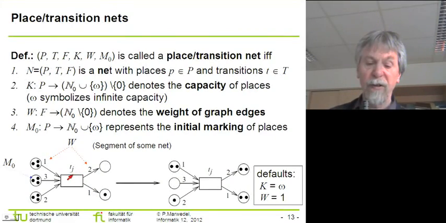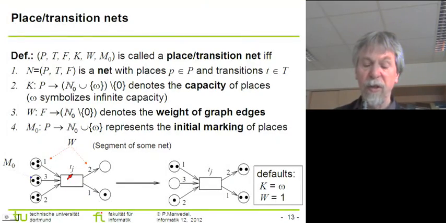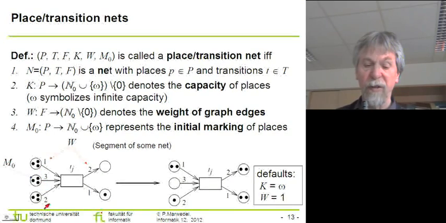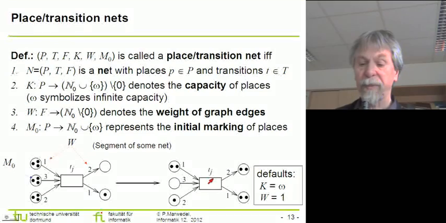Now, if this transition Tj would actually fire, it would remove a number of tokens, and the number being defined by the weight on the edge. So in this case, there would be 1 token removed, there will be 3 tokens removed, and there will be 2 tokens removed, and there will be 2 tokens generated and 1 token generated. So we see this change in the number of tokens on the right-hand side.